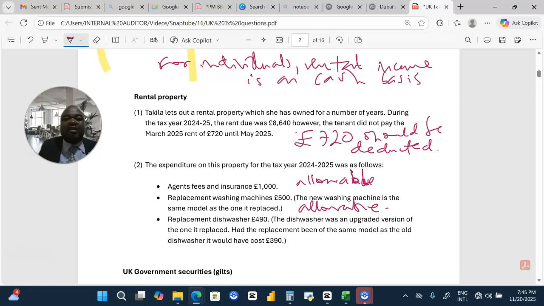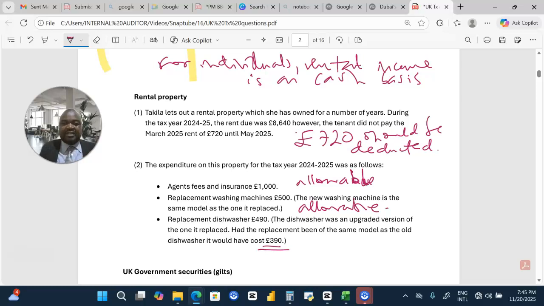Okay, now a replacement dishwasher, 490 pounds. The dishwasher was an upgraded version of the one it replaced. Had the replacement been of the same model as the old dishwasher, it would have cost 390. All right. So the allowable is up to the original or the old dishwasher.